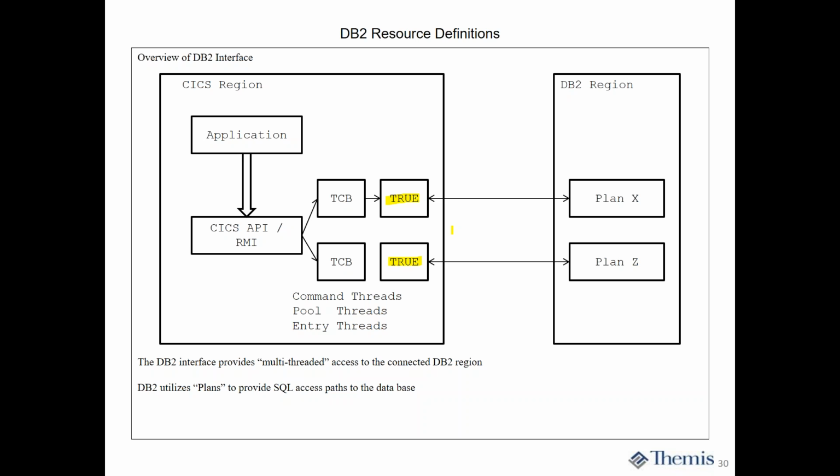It depends upon whether the thread was used by the same application or not. If it was not, it's got to do a sign-on because it's going to be potentially a different application, different user ID. Okay, it may also have to create and terminate the thread. It all depends. So again, pools are not something that you really want heavily used.